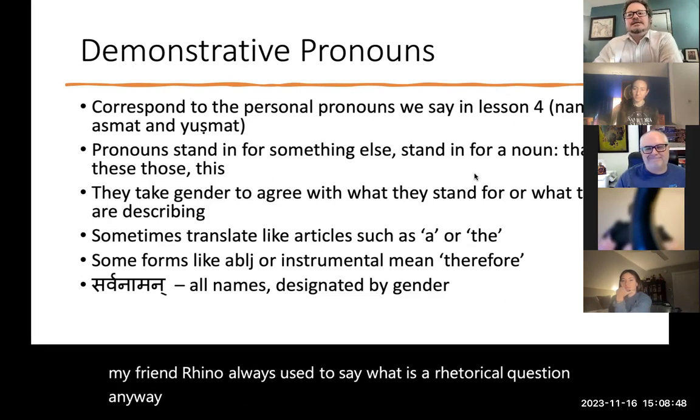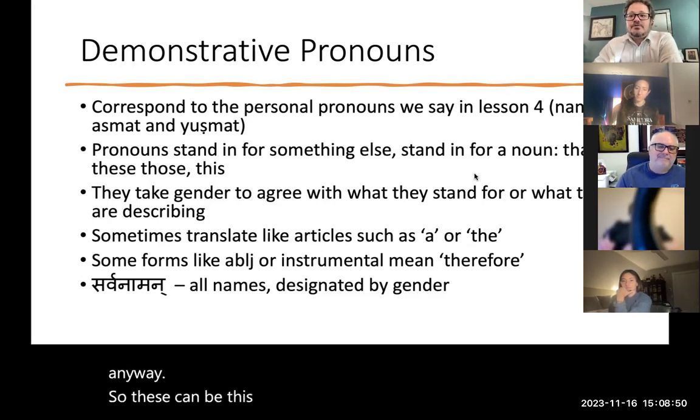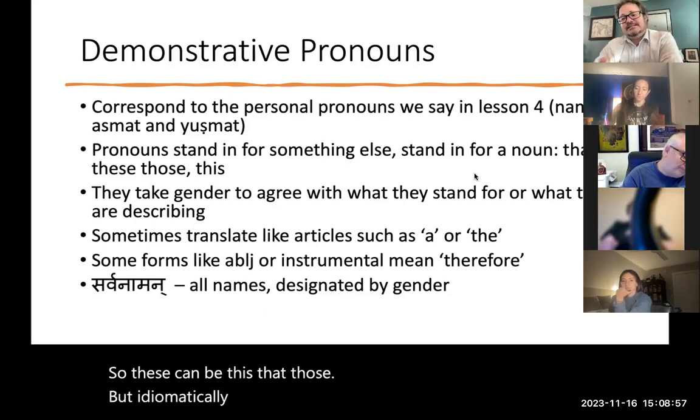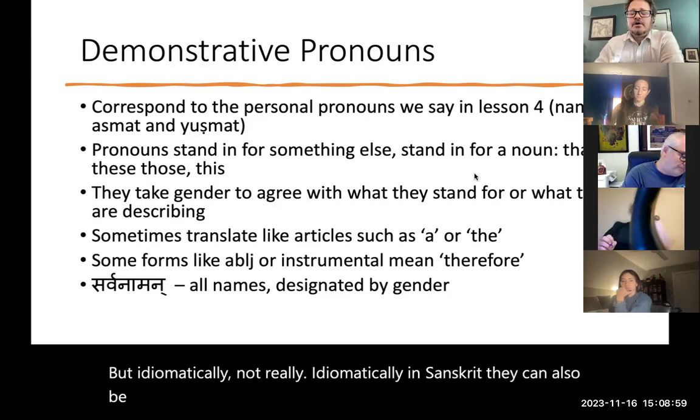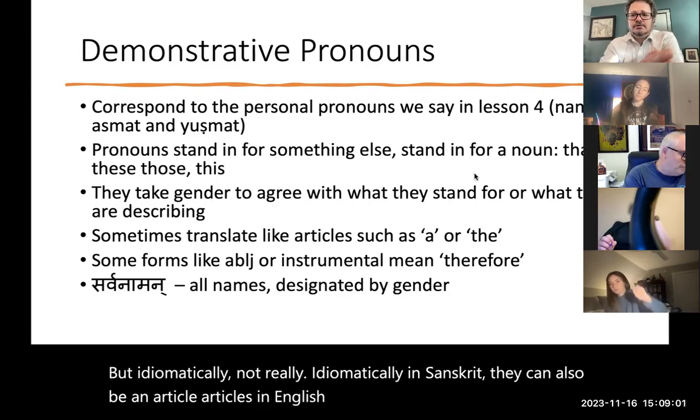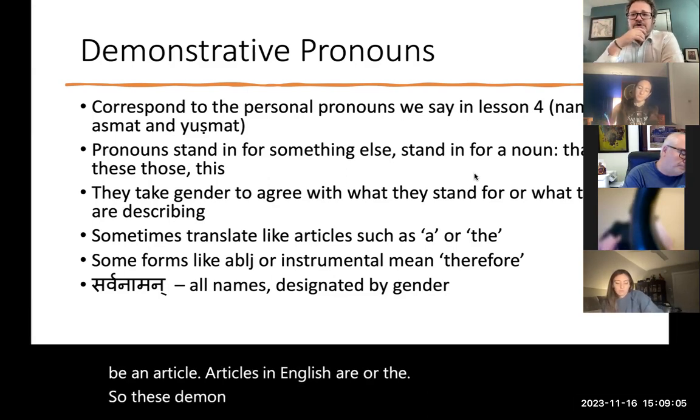So these can be this, that, those, but in Sanskrit, they can also be an article. Articles in English are a or the. So these demonstrative pronouns can also be translated as a or the.